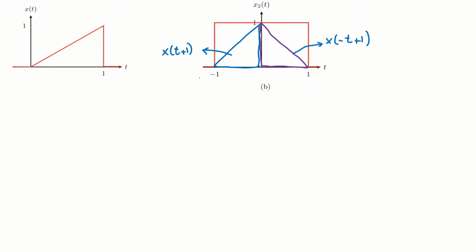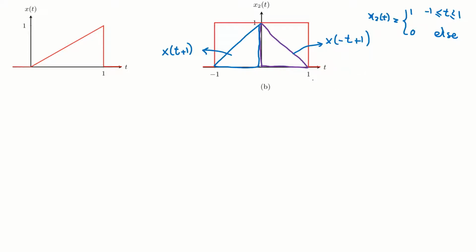Okay, well, x2t equals 1 for the time interval between -1 and 1, and is 0 for other time intervals, larger than 1 or smaller than -1.